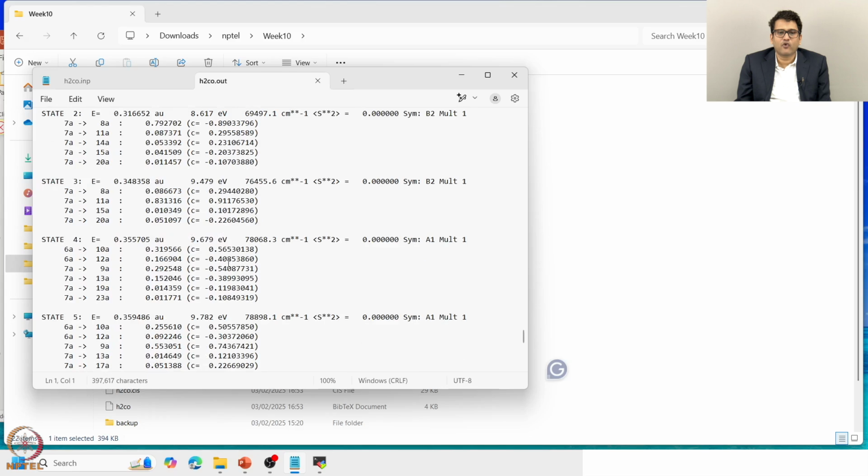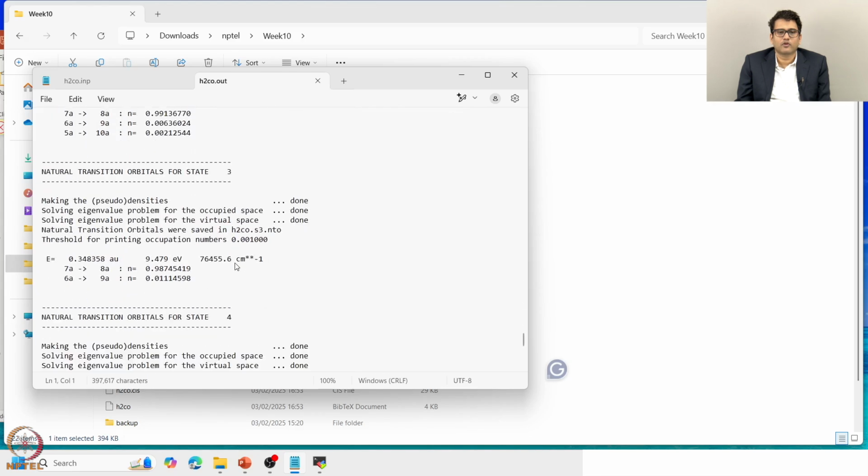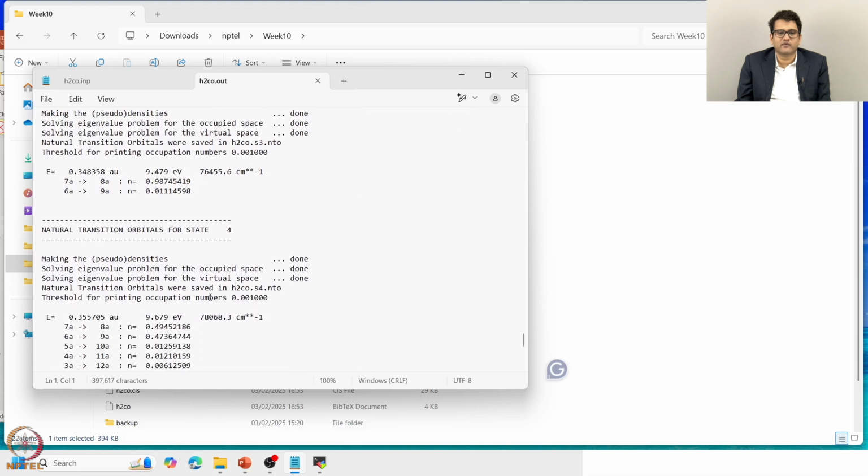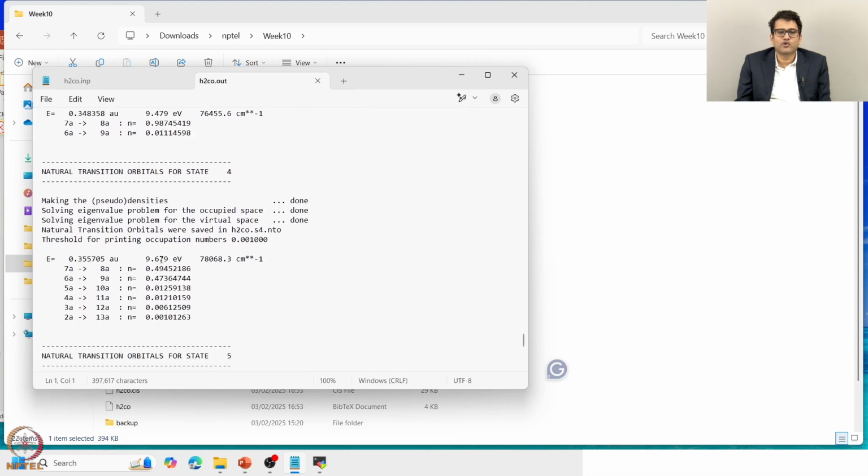For state 4 there were 4 dominant contributions, whereas if I now look at state 4, it has reduced to only 2 dominant contributions, and the rest are very small. One is from 7 to 8 and the second is 6 to 9. Remember these 7, 6, 8, 9 do not correspond to my original molecular orbitals. They are a new set of orbitals and we need to visualize them now.